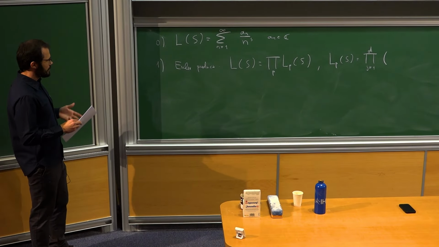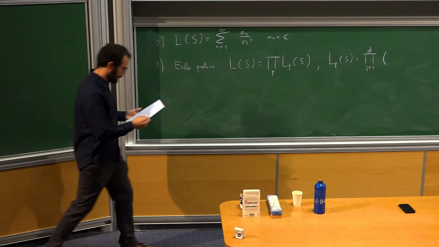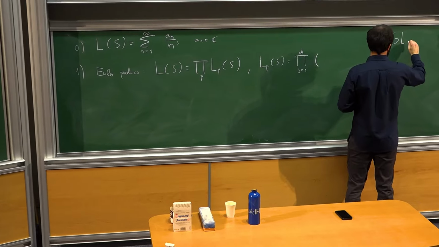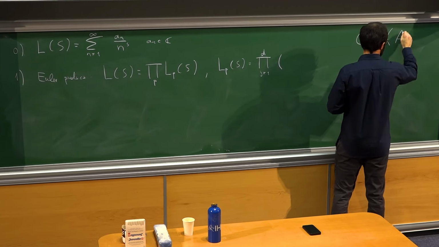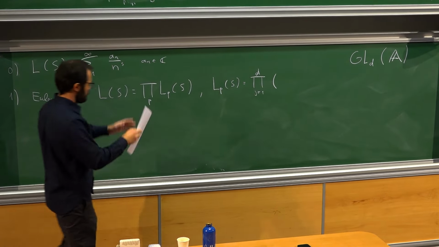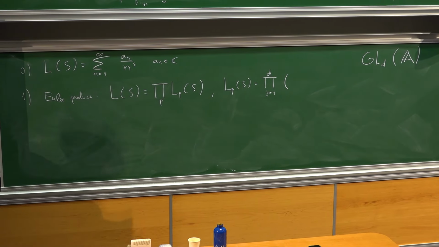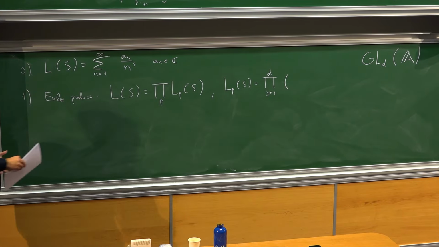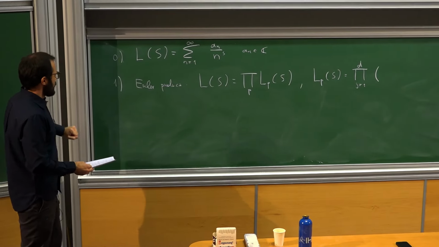But the right way to understand why L functions are the way they are is actually using representation theory of this group. So there's a big group which is GL2 over the adeles, which is something that factors over primes in the right way, and by doing some integrals over this group, you're very naturally led to this notion of L function, but I won't be able to explain that.